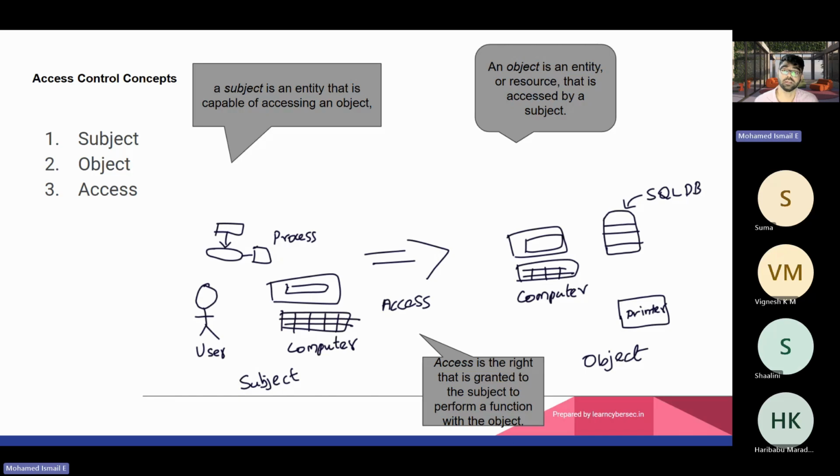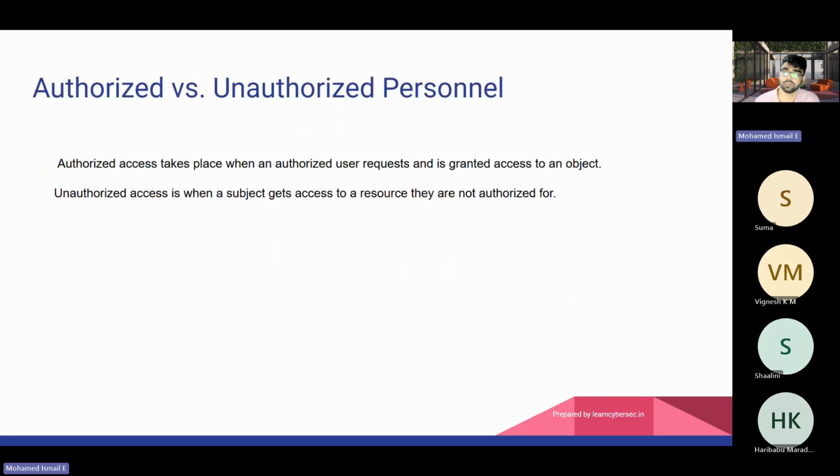Source is the subject, destination is the object. The control is allow, block, or redirect, which we can enforce in terms of an access control policy. For the exam, you need to know what is subject, what is object, and what is access. That's all about this access control concept.